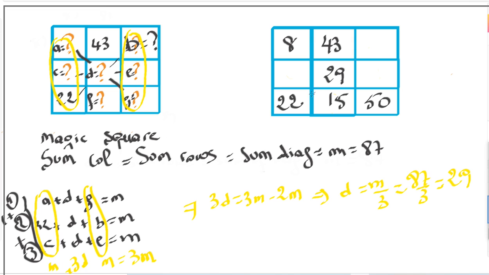This diagonal, 22 plus 29, 51 plus 36, right? And 36 plus 50, 86 plus 1, 87. 8 plus 22, 30 plus 57, 87. And here we go. That's the solution for this problem.